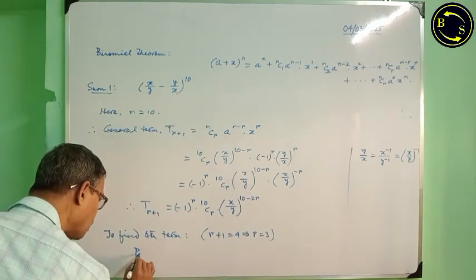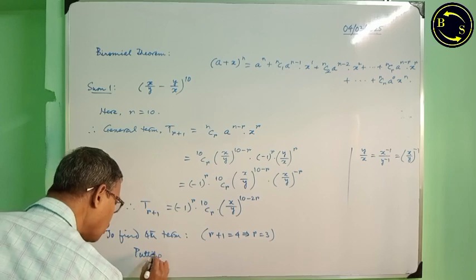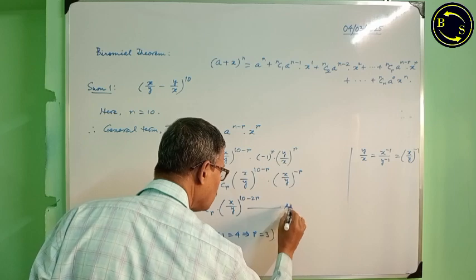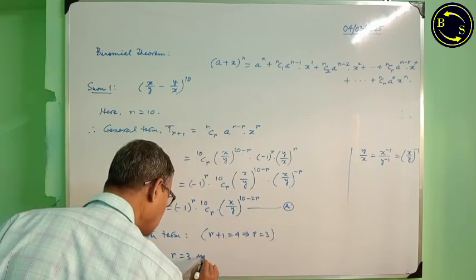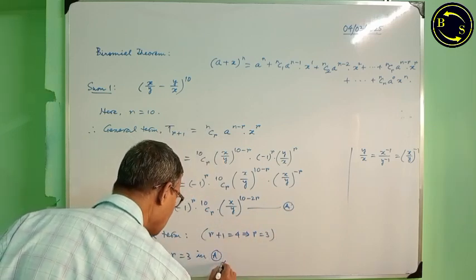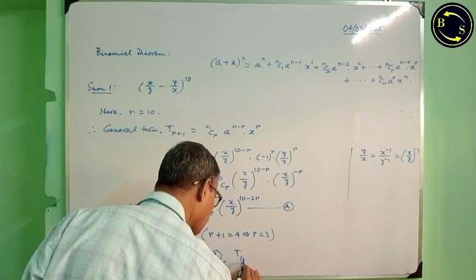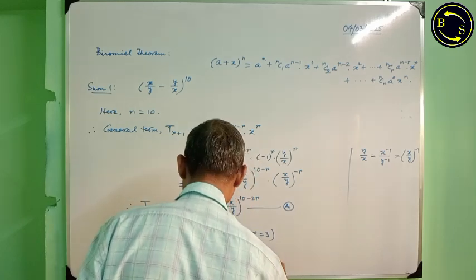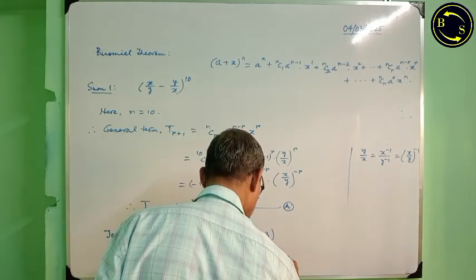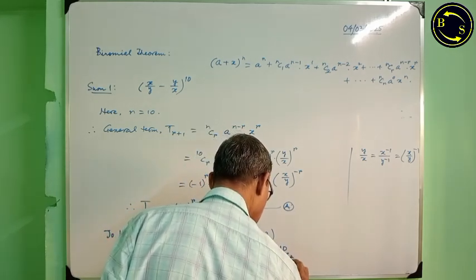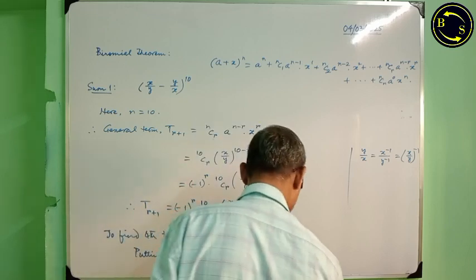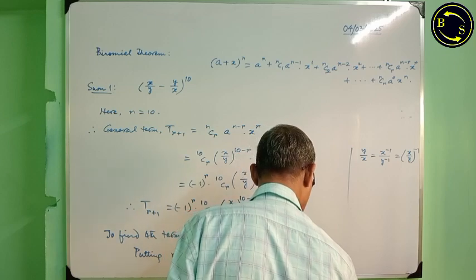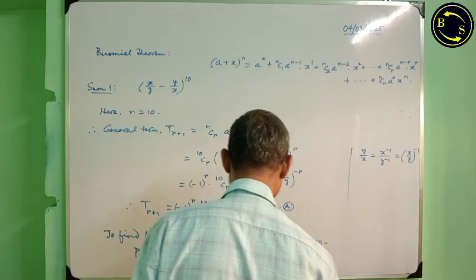Putting r equal to 3, we get t4, that is equal to minus 1 whole to the power 3, 10 C 3 into x by y whole to the power 10 minus 6.